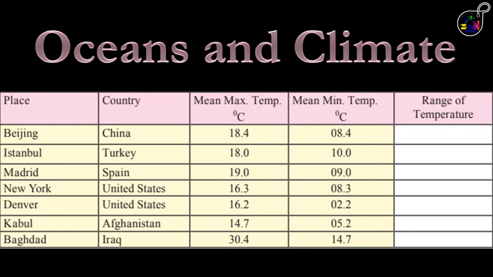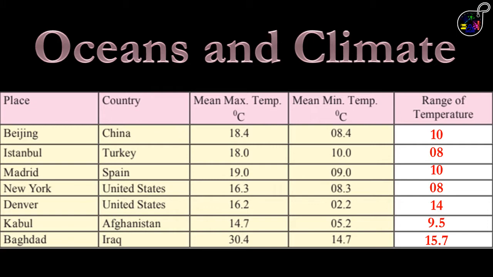So over here, the difference between 18.4 and 8.4 is 10. 18 and 10 is 8. 19 and 9 is 10. 16.3 and 8.3 is 8. 16.2 and 2.2 is 2. 14.7 and 5.2 is 9.5. 30.4 and 14.7 is 15.7.